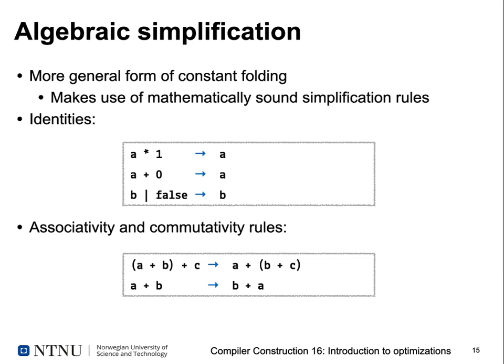So we know that a plus b executed first and then adding c in general is the same as first adding b plus c and then adding a. This is true for integers mostly, but not for floating point values, so you need to be careful here. The same applies to commutativity, so adding b to a should be the same as adding a to b, and usually for integers it's safe to assume that is the case.